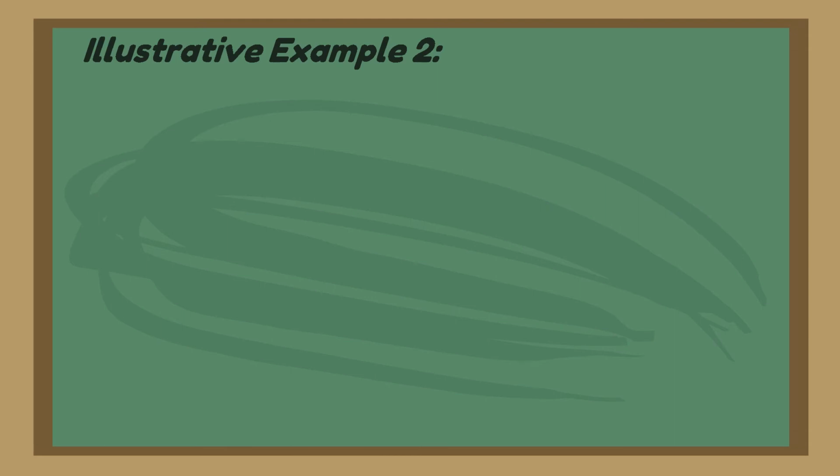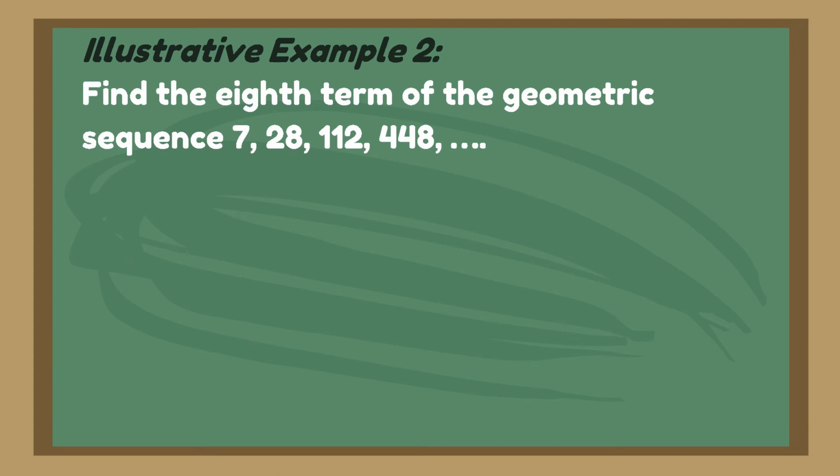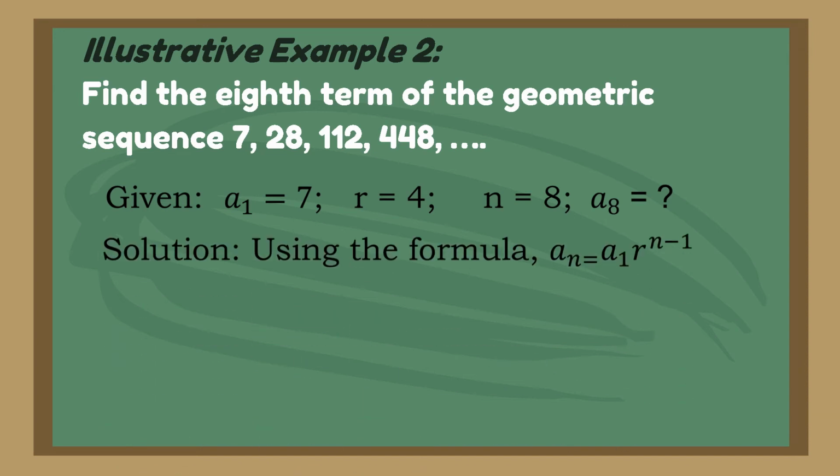Let's have illustrative example number 2. Find the 8th term of the geometric sequence 7, 28, 112, 448, and so on. The given are a sub 1 is equivalent to 7 or the first term. Common ratio is equivalent to 4 because 28 divided by 7 is 4, or 112 divided by 28 is 4. Then we have n which is equivalent to 8. Then we need to find a sub 8 or the 8th term.